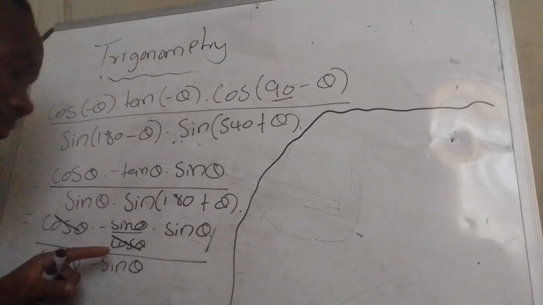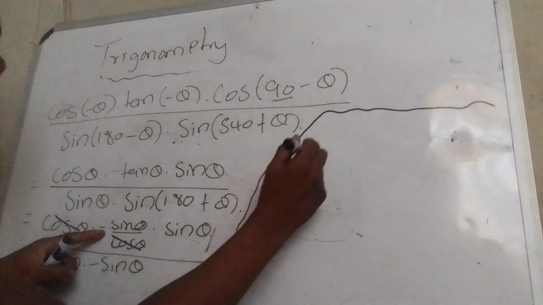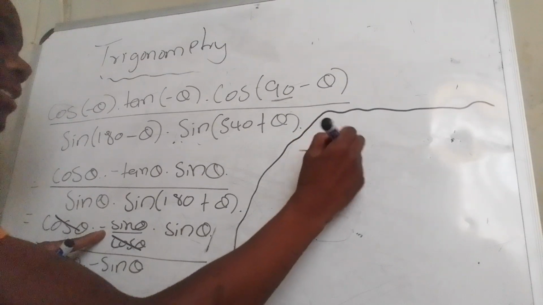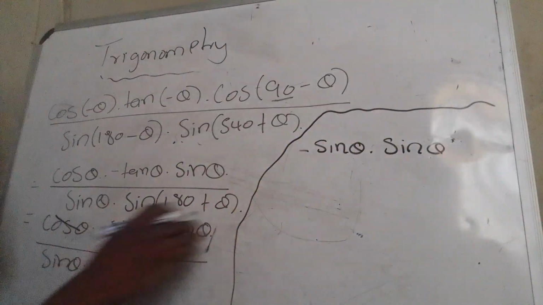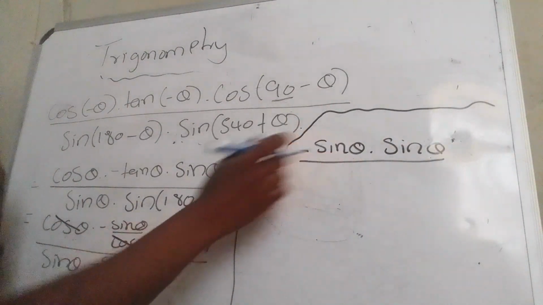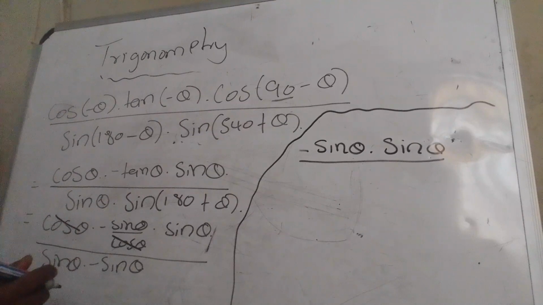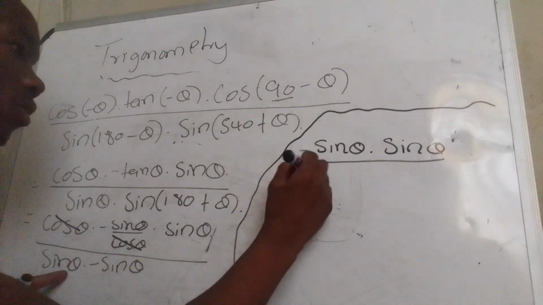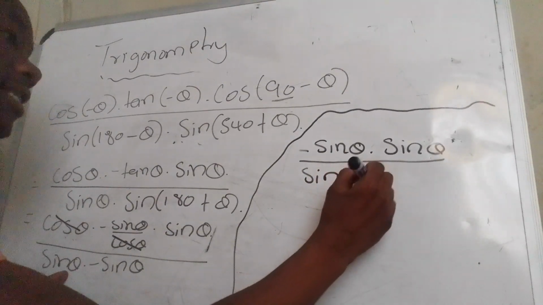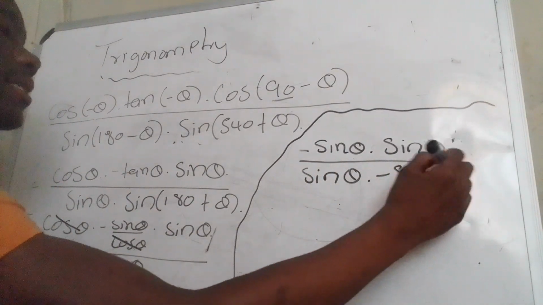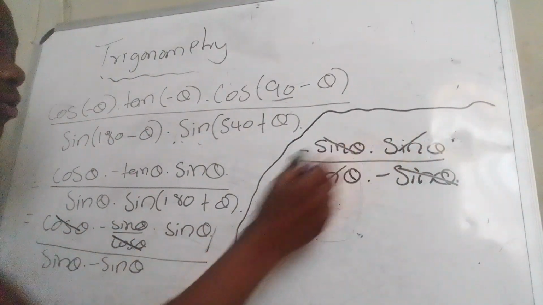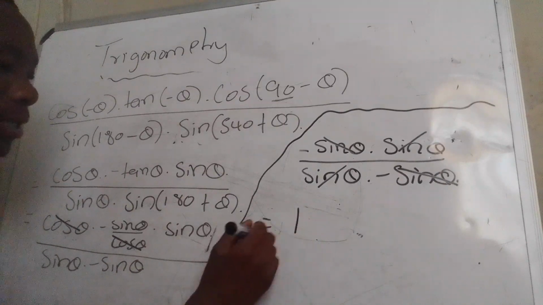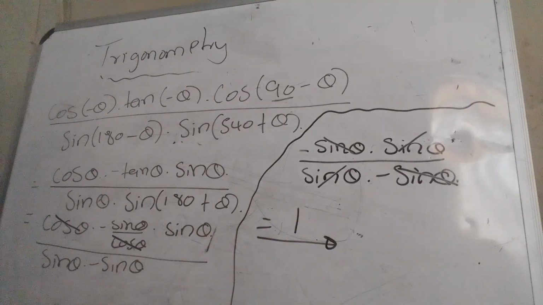Then if these two cancel each other, we'll be left with negative sine theta times sine theta on the numerator. Then the denominator is sine theta times negative sine theta, which means this cancels with this. Our answer is going to be 1.